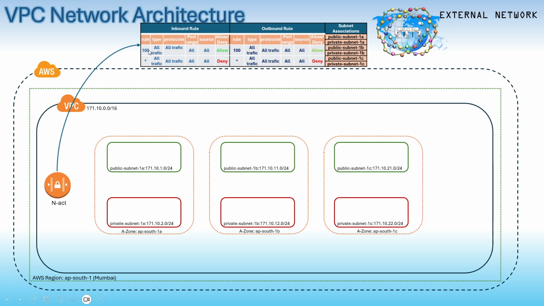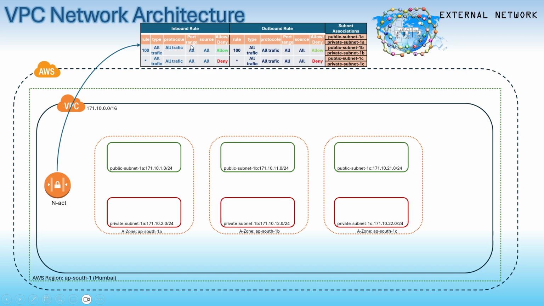So suppose I have a rule that XYZ IP should have all requests blocked, I need to put 101, the type, what protocol I want to block, the port range, and the source. Right now it is all, but in source you can pass a specific IP address, and whether you want to allow or deny, you can pass in this section.